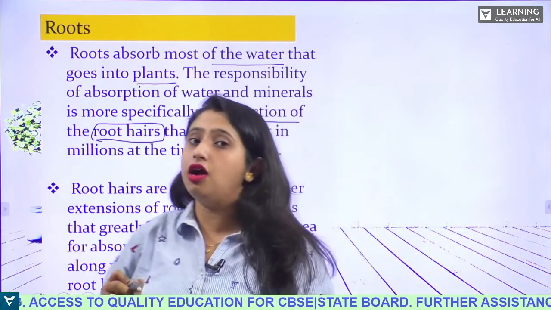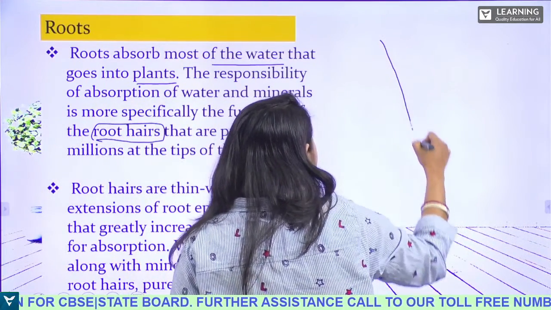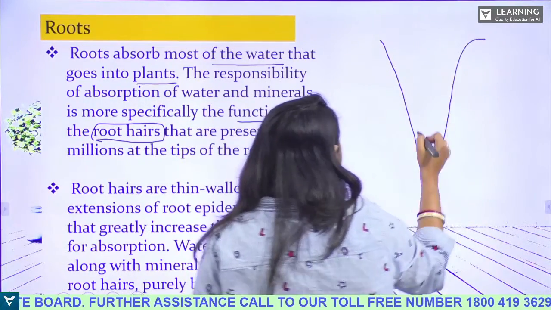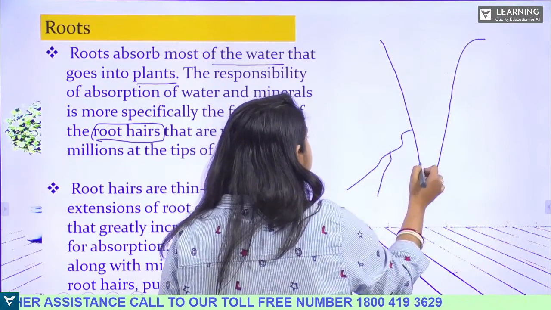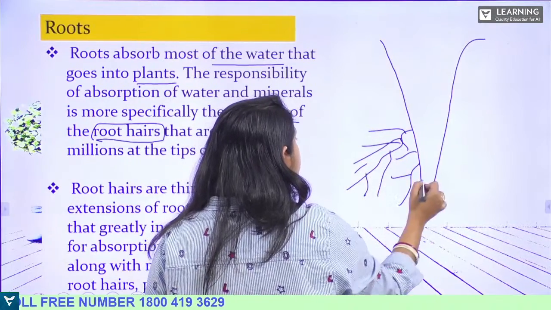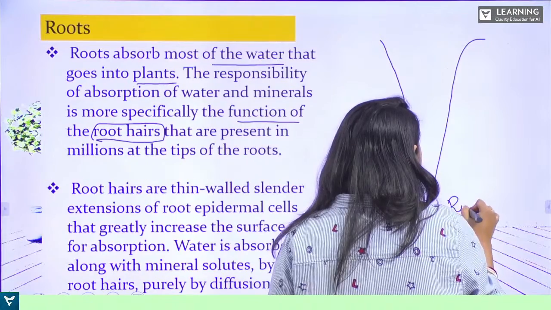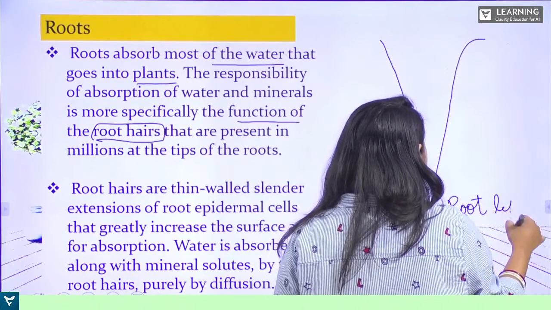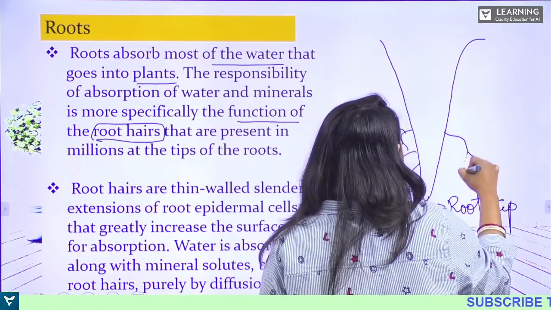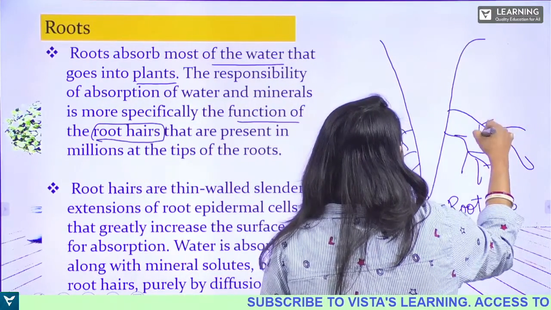Now let us see the structure of the roots, which you have already studied. Here you have seen various root hairs, and this is the root tip. This is how the structure of the root looks.